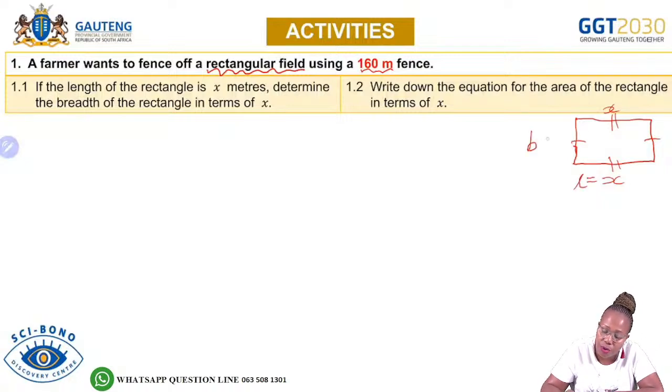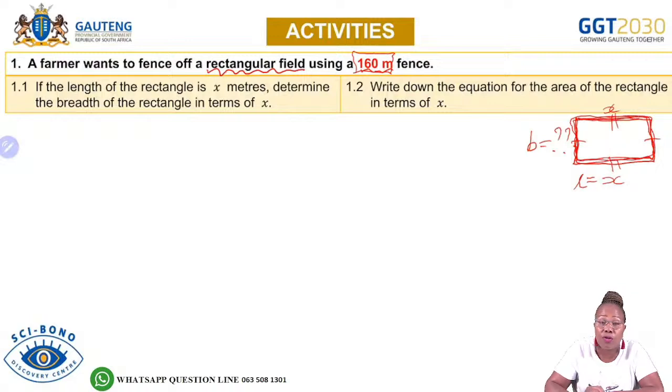Now we want to determine the breadth of this now also in terms of x. How do we do that, grade 12? What is given to you is very important. What is given here is the total fence available. And this fence, you want to put it around this shape. So if we talk around the area, what is that, grade 12? That is a perimeter because we are talking around the shape.